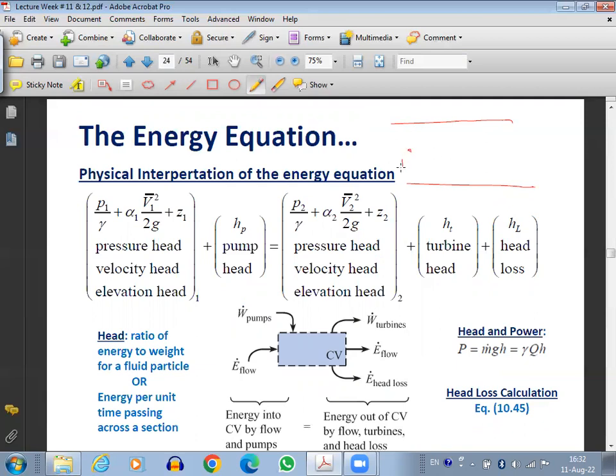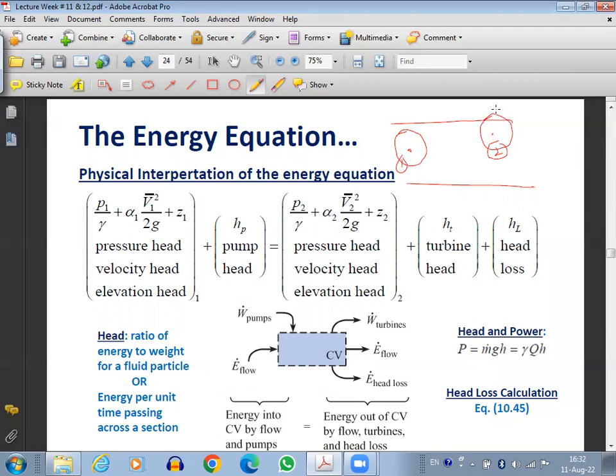Let's say this is point 1 and this is point 2, and we can apply the energy equation from point 1 to point 2. What is the basic idea of this equation? That the total energy is conserved. So whatever is the total energy at point 1 is the same as the total energy at point 2.